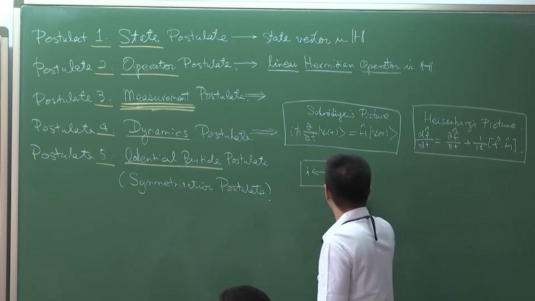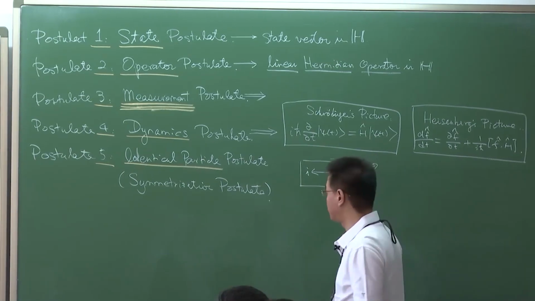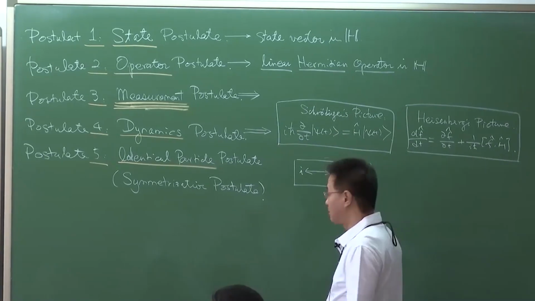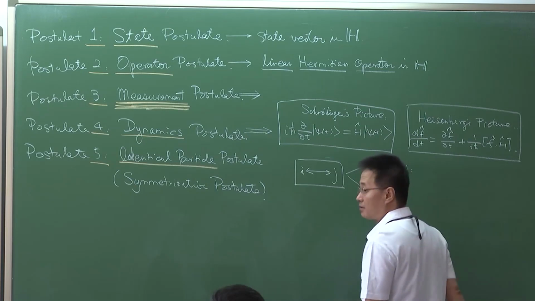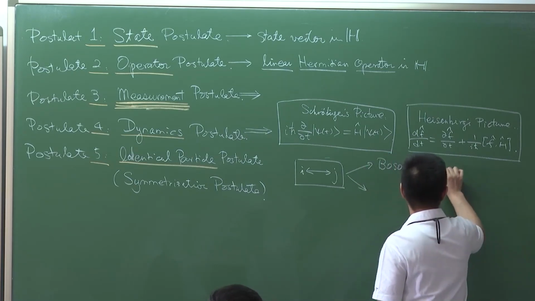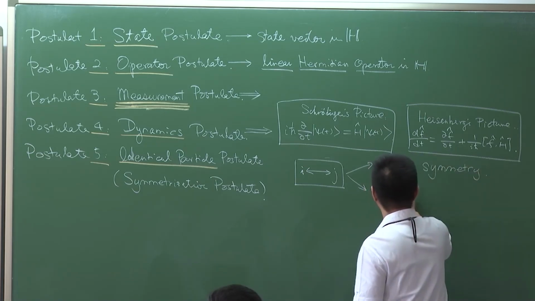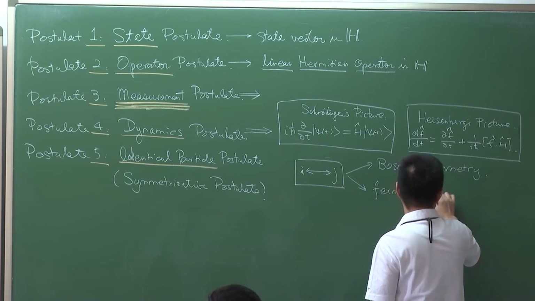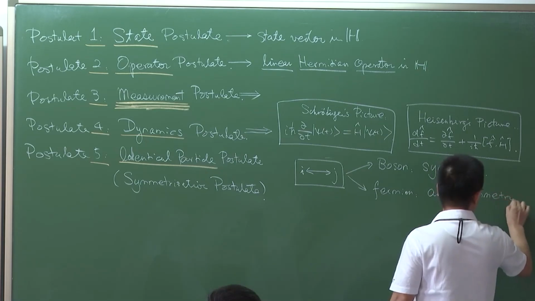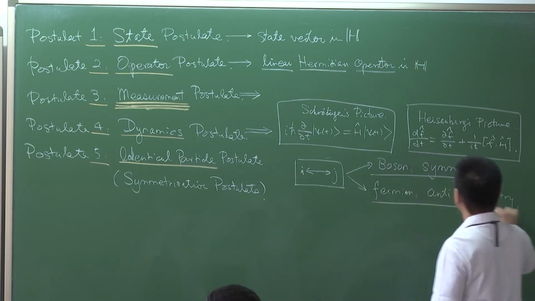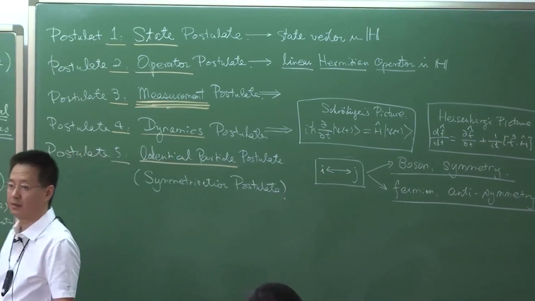But there are two possibilities for these symmetric transformations. For bosons, you have symmetry, but for fermions, you have anti-symmetry. Okay, so that is all of the 5 postulates.